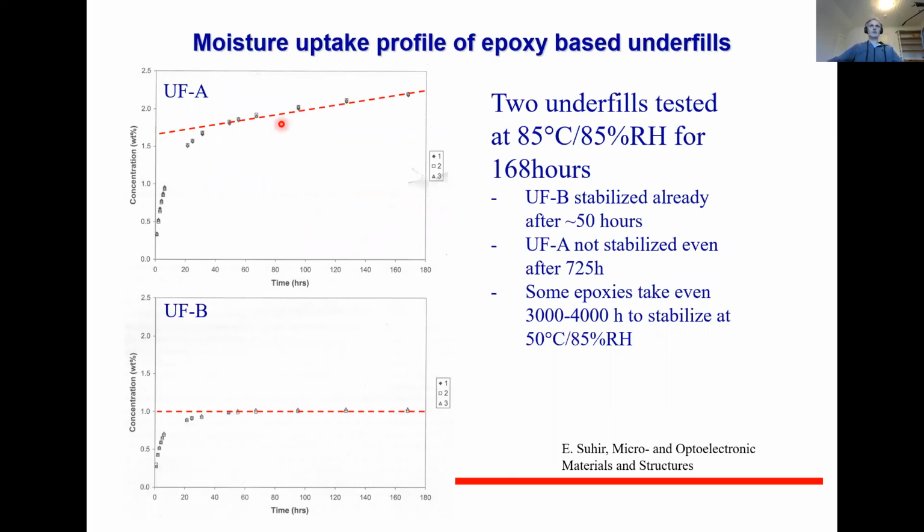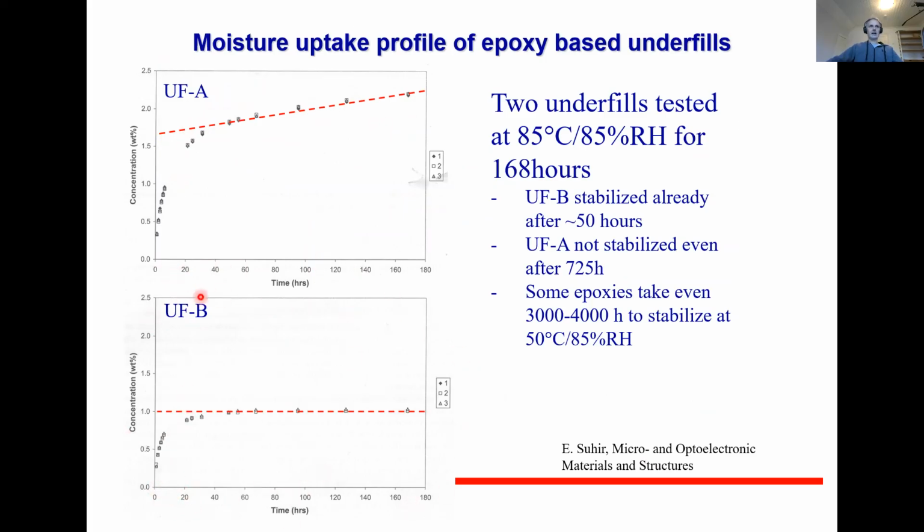For example, this was a case example from Suhir's book, that if you have two basically chemically identical materials, so these both underfills are epoxy-based materials, but they have different structure. It means that they absorb moisture at different rate and different extent.